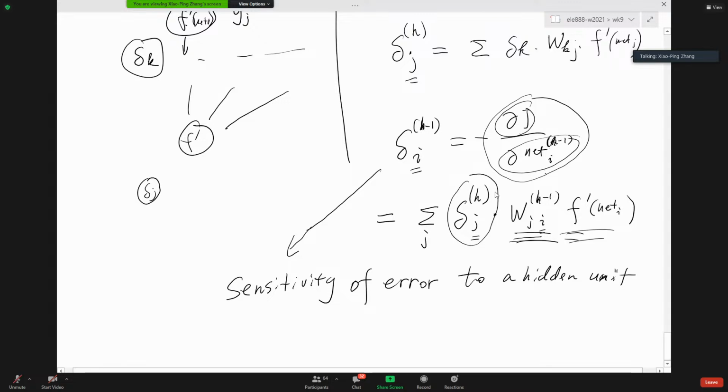So what is a necessary condition for this gradient descent algorithm to work? What is a necessary condition? Convex, or which one is convex function?